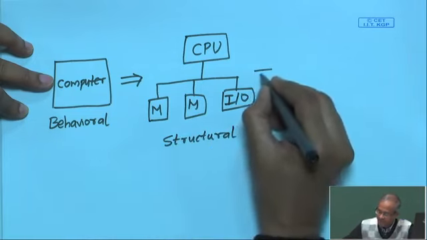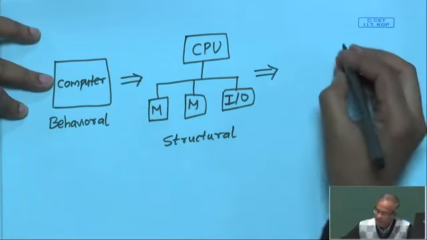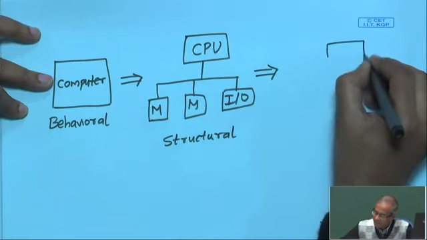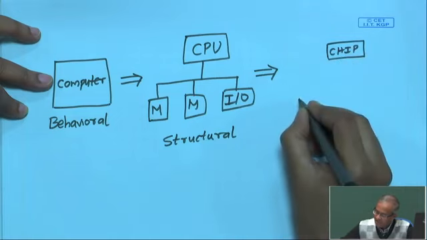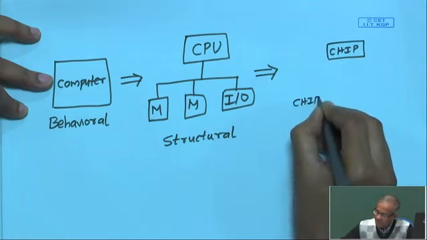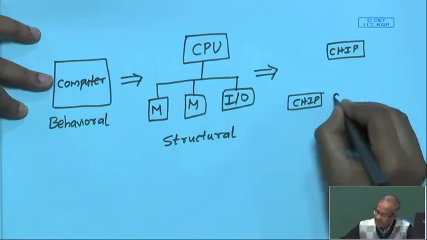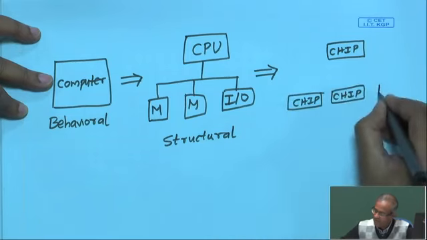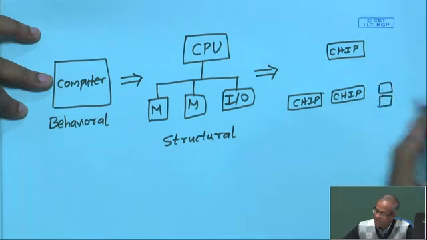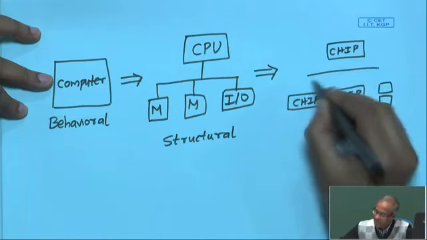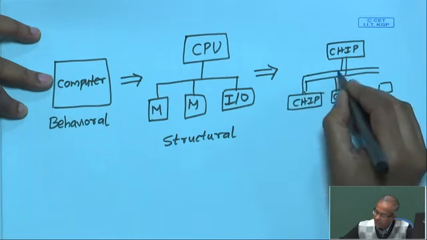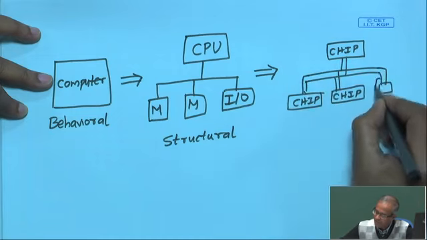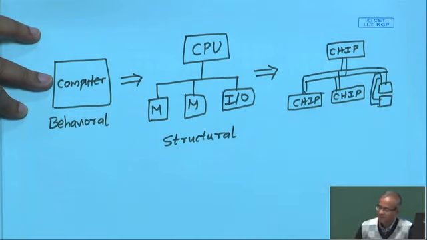But the same design, when it comes down to the physical view, can be one chip representing the processor, another chip representing the first memory, a chip representing the second memory, and maybe two chips representing the IO. You will have some kind of interconnections between them, something like this.